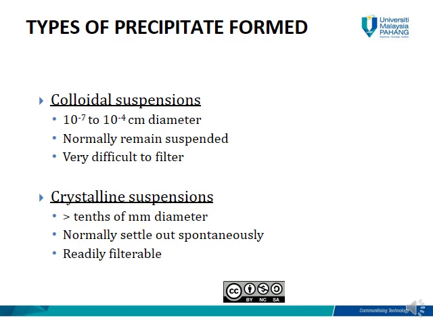Some of the colloid particles will pass through the filter paper, so you need a very small mesh size of filter paper to filter the colloid suspension. It normally remains suspended and is very difficult to filter.